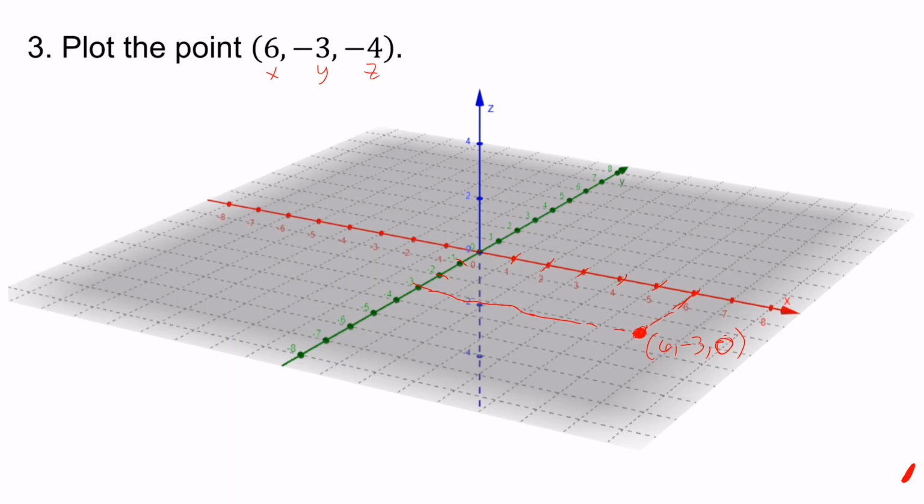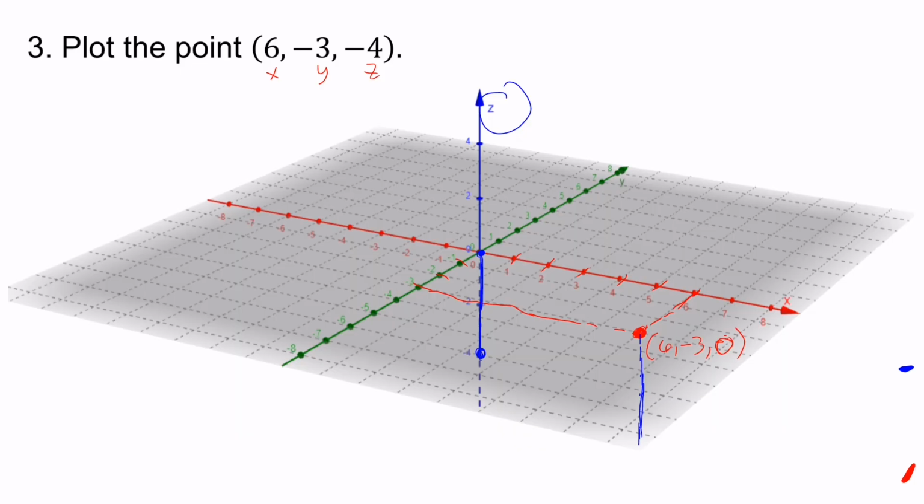So, if I want to plot 6, negative 3, negative 4, then I need to create a duplicate of the z-axis. So, let me do that. Going down. Where is 4? If this is my original z-axis, this length here is negative 4.